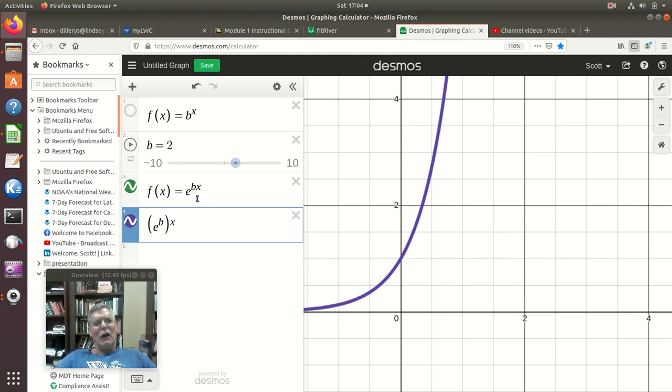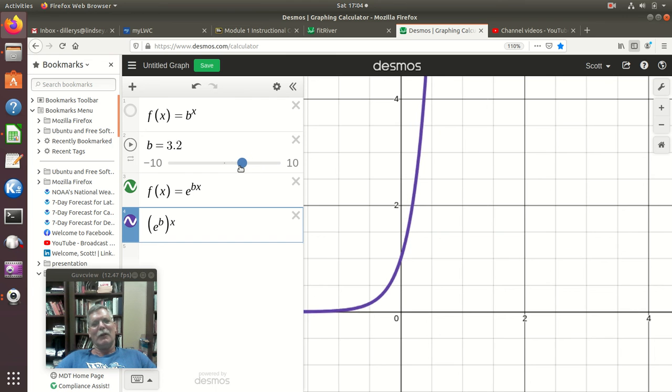Okay, but the same basic things happen as far as the value of b, similar anyway, in that as long as we're greater than 1, it's all the same, right? It's increasing.